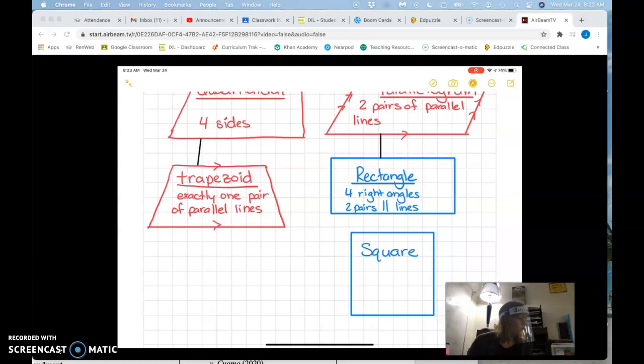Okay, so a square is defined by having four right angles and four congruent sides. Because remember that all the sides in a square are the same size. And then they also have those two pairs of parallel lines.